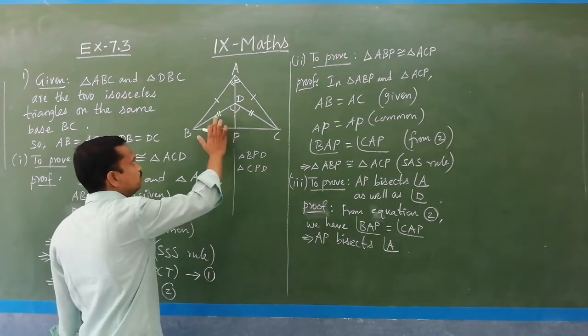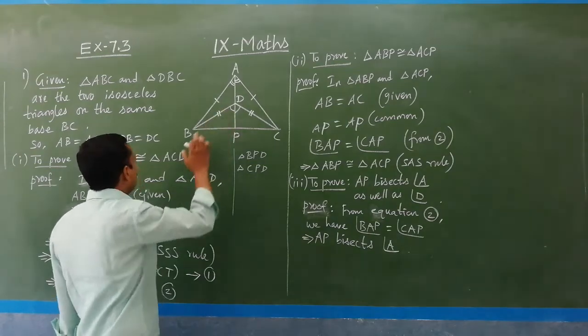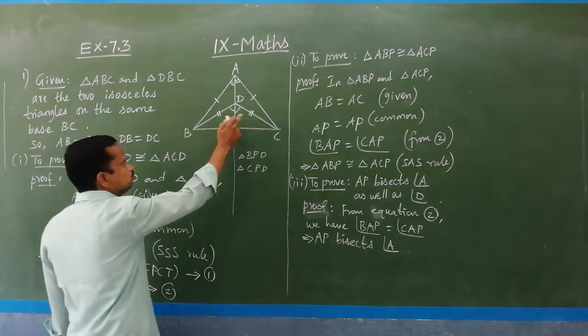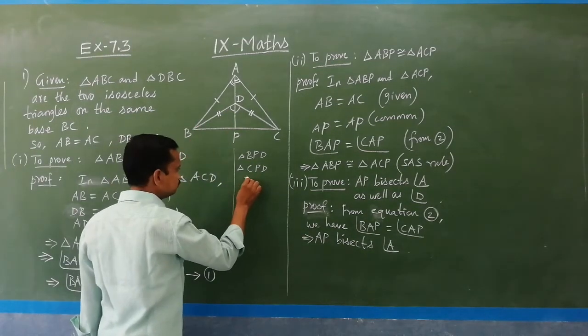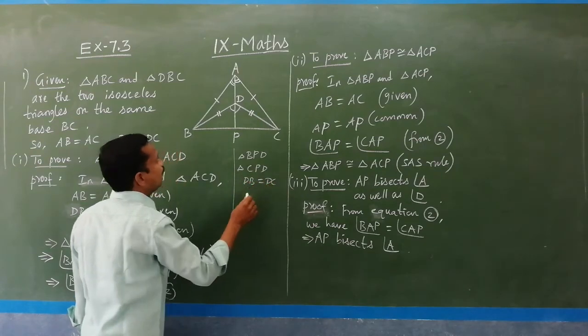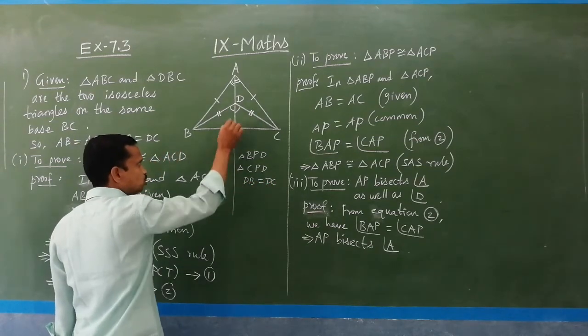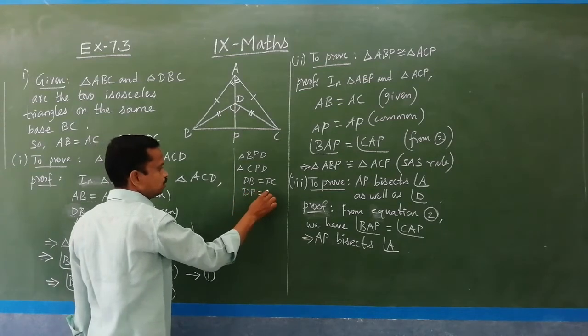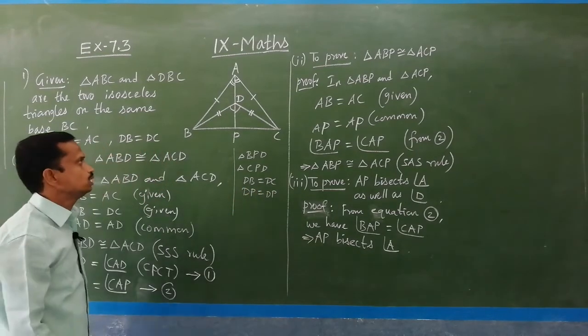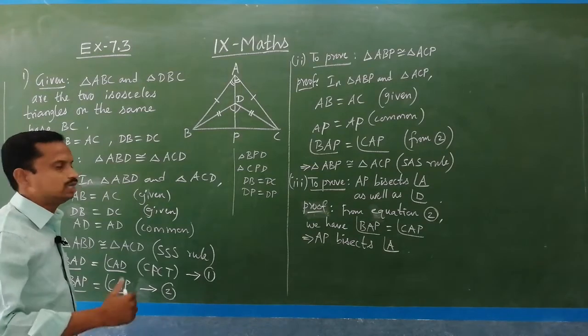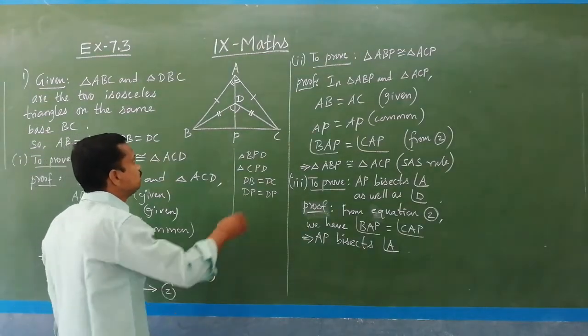We have already DB equal to DC, and then DP is common, DP equal to DP.